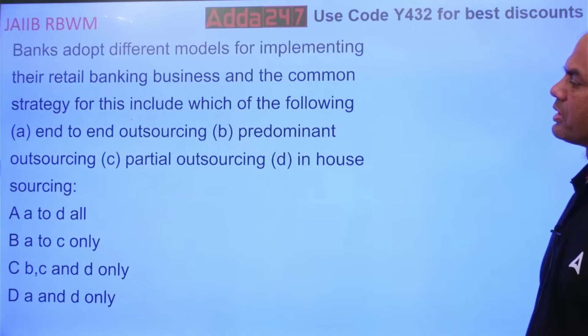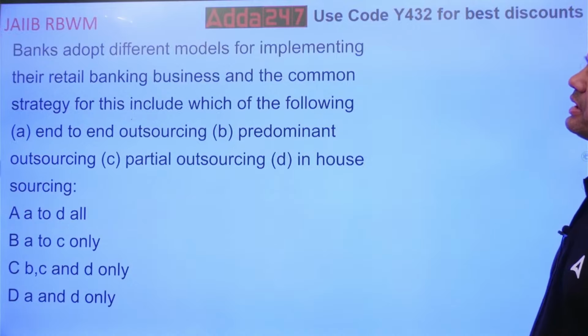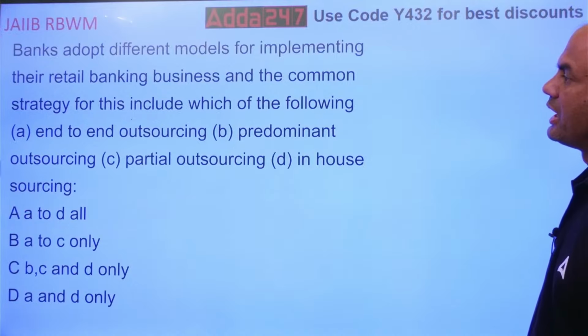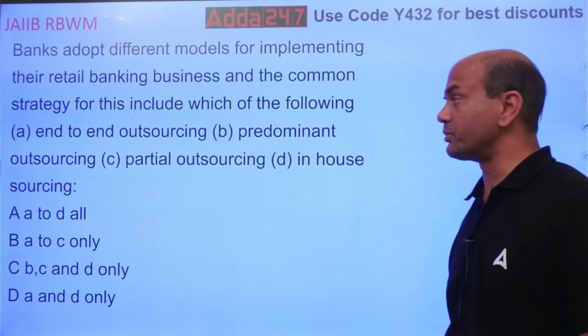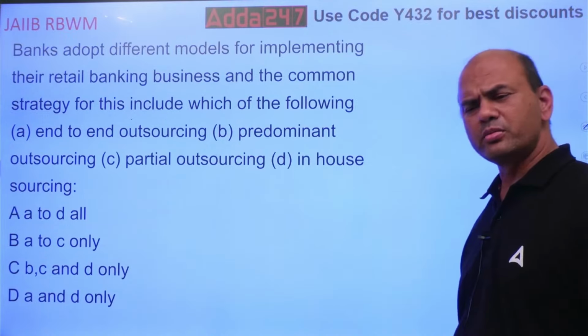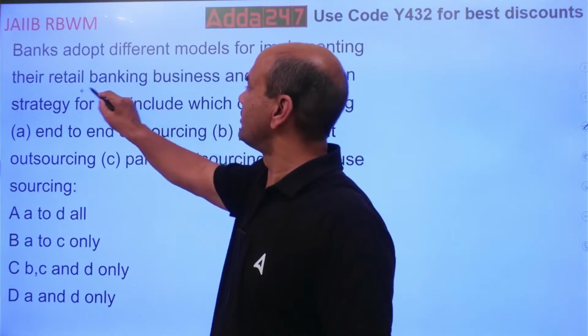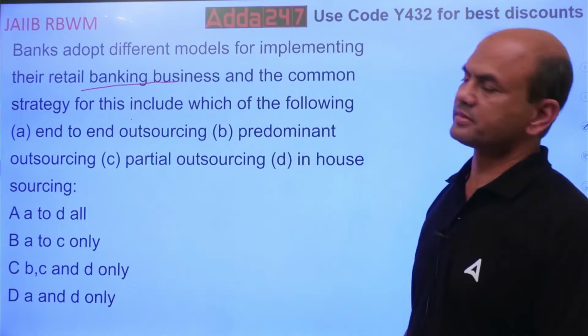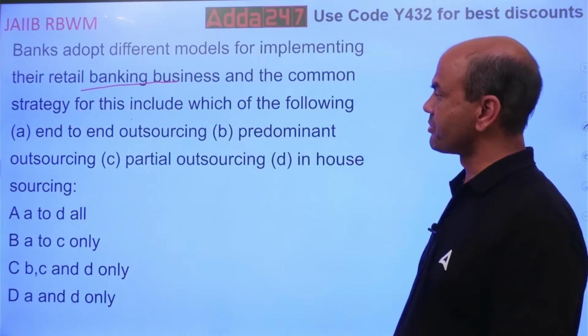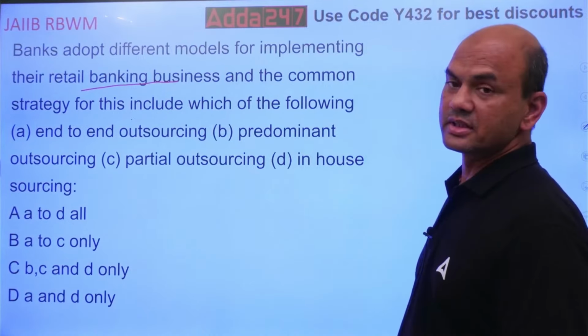Banks adopt different models for implementing the retail banking business, and a common strategy for this includes which of the following? So what are the models? Banks adopt different models for retail banking. Which are the models? What are the models generally?